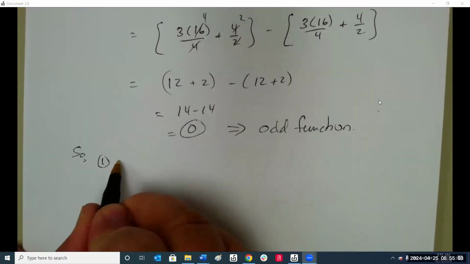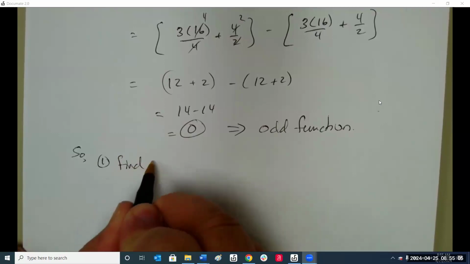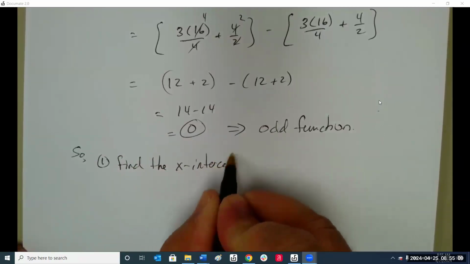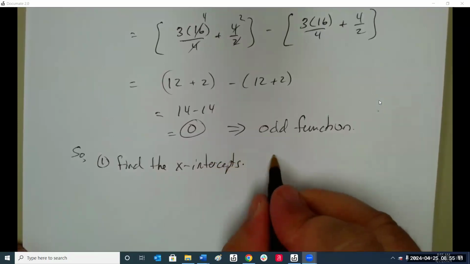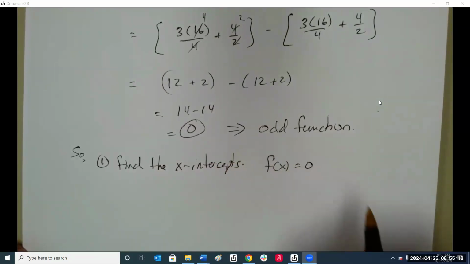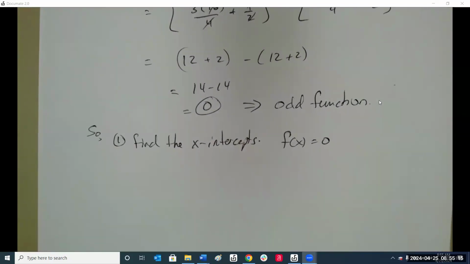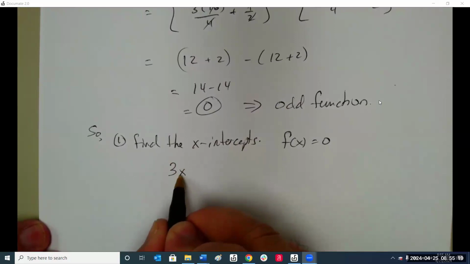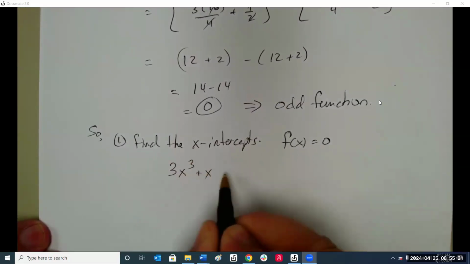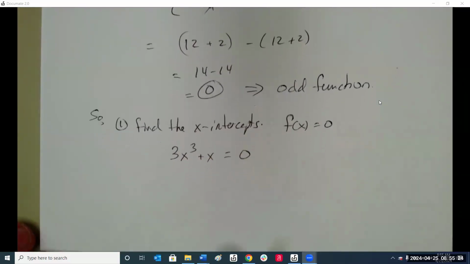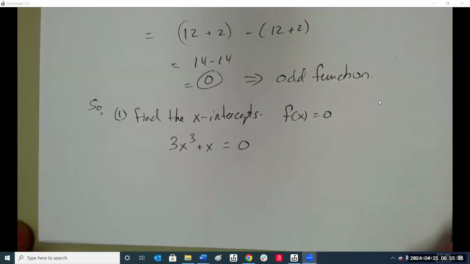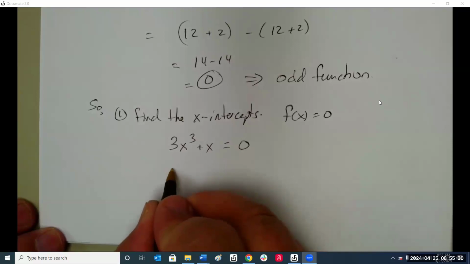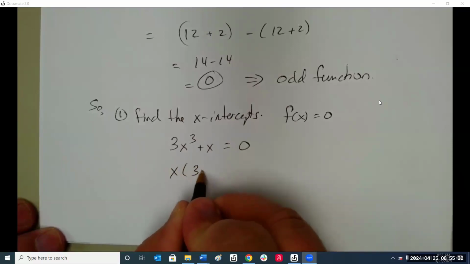So first step, find the x-intercepts. Take your function, set it equal to 0, and solve for x. So it's only 2 terms. We can factor out an x.